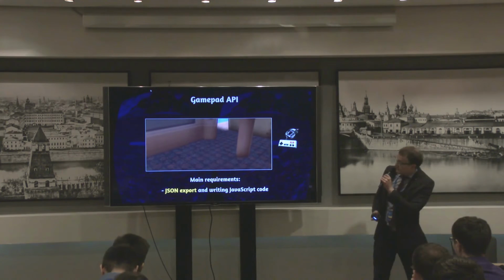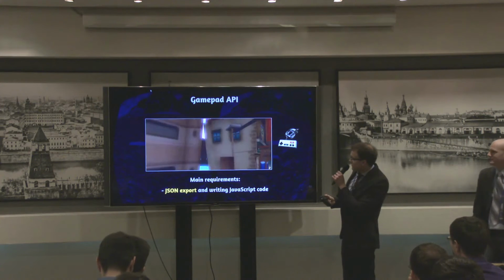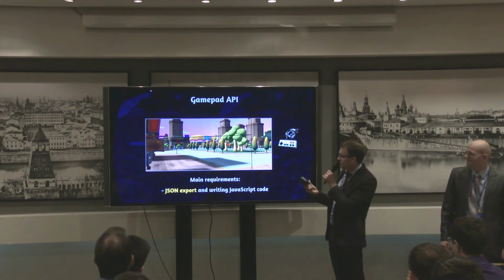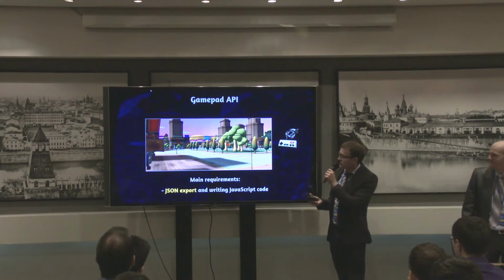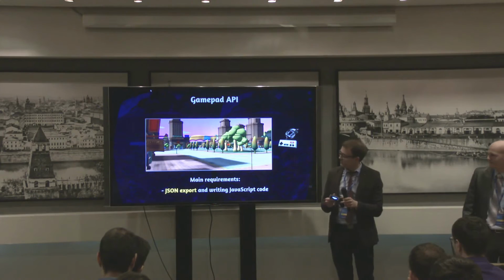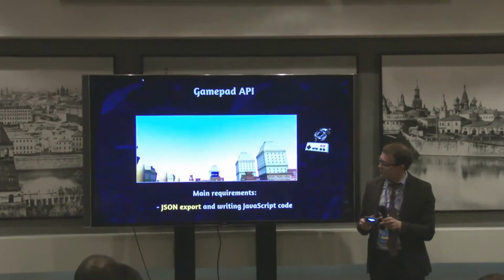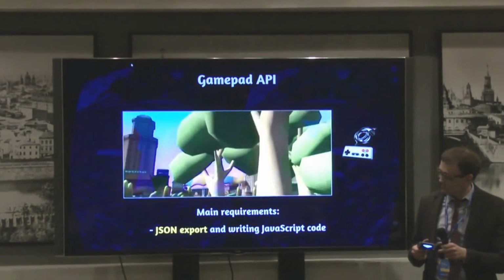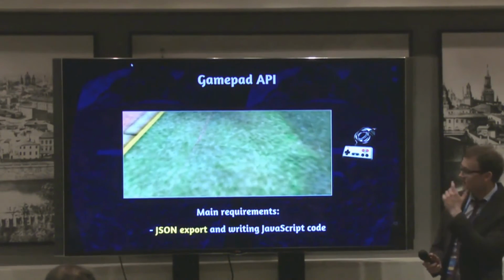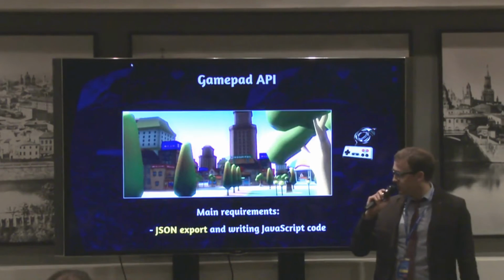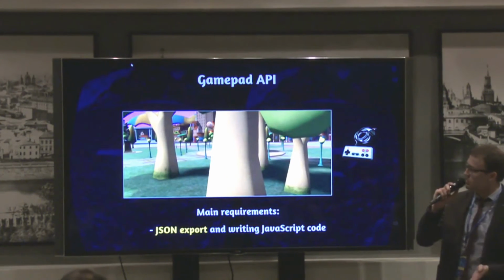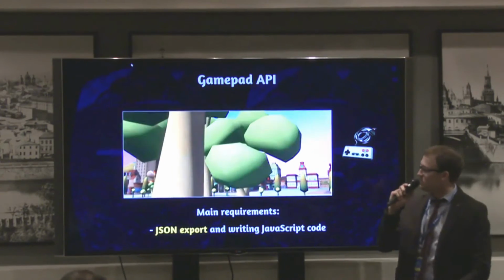We have prepared a simple interactive example to show you Gamepad in action. Thanks to Michael Wu for this wonderful scene. Just play. But JSON export and code writing are required to control your scene with Gamepads.